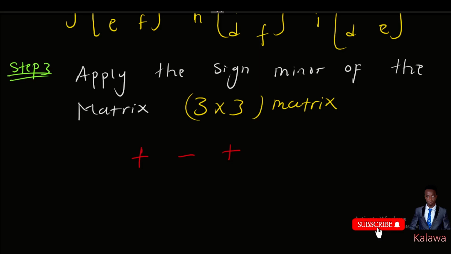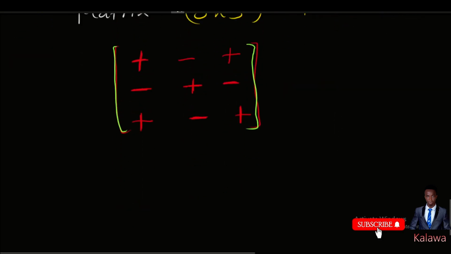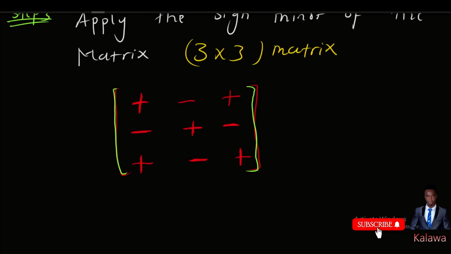The next row is minus, plus, minus, and the next is plus, minus, plus. So take note of these signs. They are very, very important in determining the determinant of a 3x3 matrix.